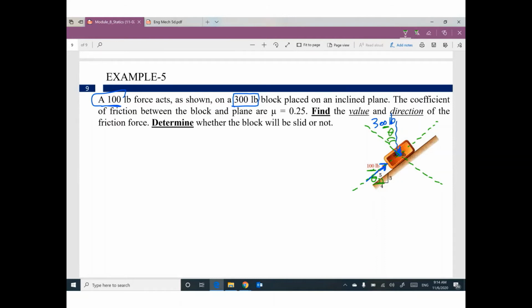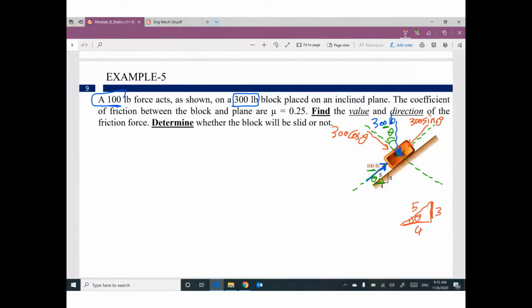So this weight will be broken in this direction, 300 sine theta, and 300 cosine theta.